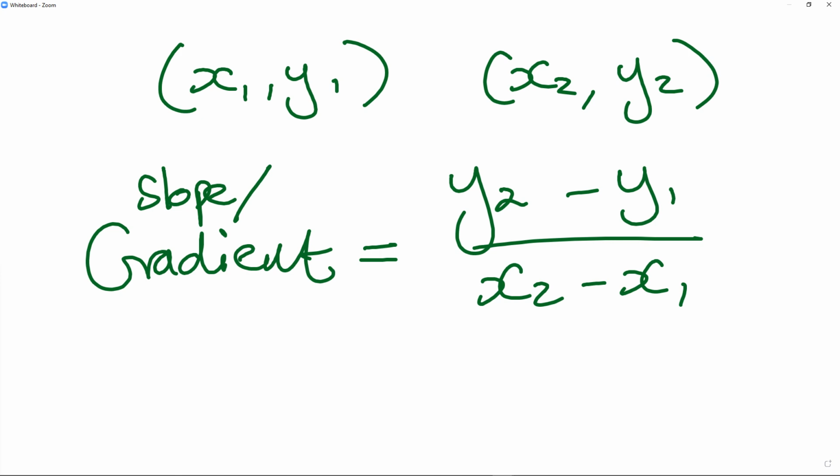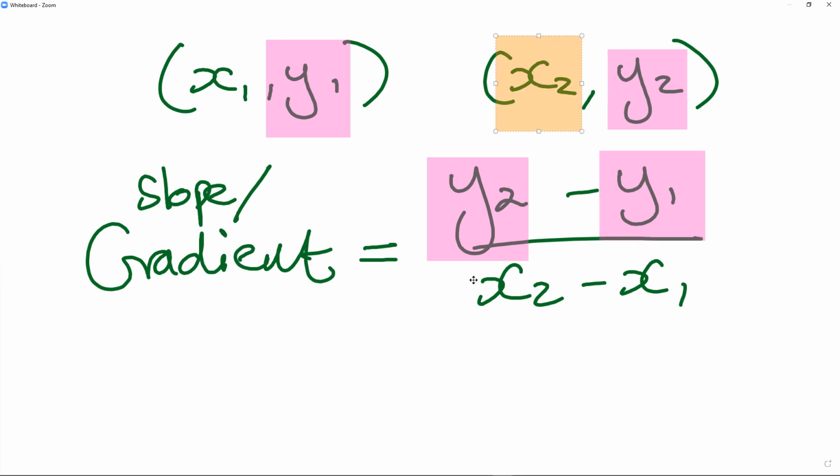Notice in particular, we've got y2 over here and y1 over there, then we've got x2 at the bottom, and x1 at the bottom. We've got the y's at the top and the x's at the bottom. Okay?